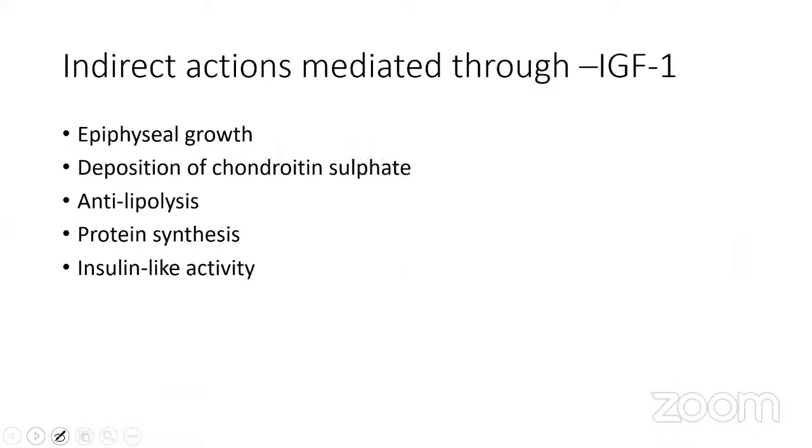So these are the indirect actions: epiphyseal growth and deposition of chondroitin sulfate. In direct action, it favors lipolysis, but indirectly, through insulin-like growth factors, it is anti-lipolytic, with protein synthesis and insulin-like activity. So these are opposites of the direct action.